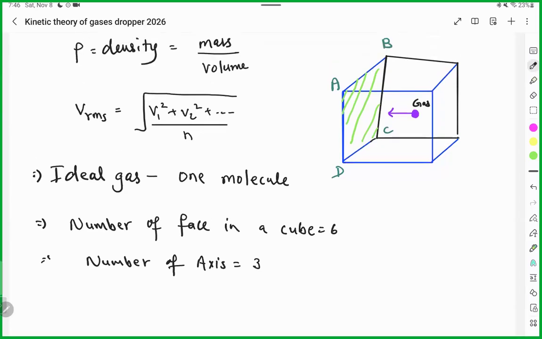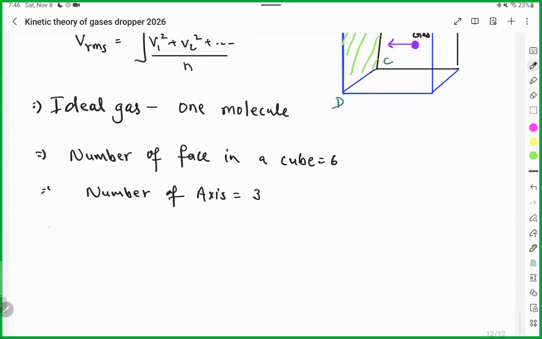Got it? Here we have a lot of gas particles. So n molecules of gas we have, not one or two. There are billions of molecules because we take gas in moles. So एक mole में how many molecules? Barinder, in one mole of gas, how many molecules will be there?